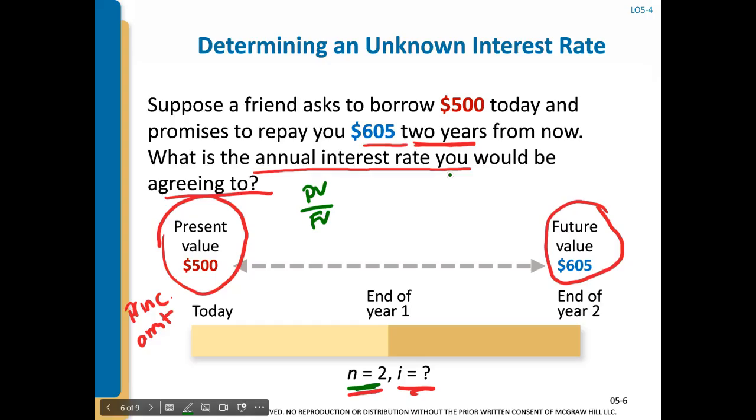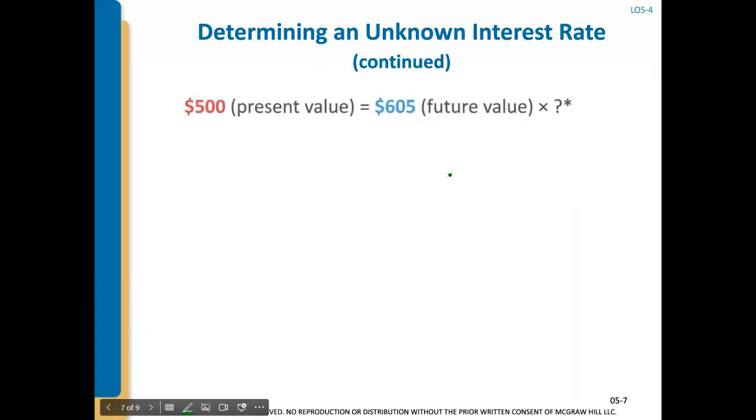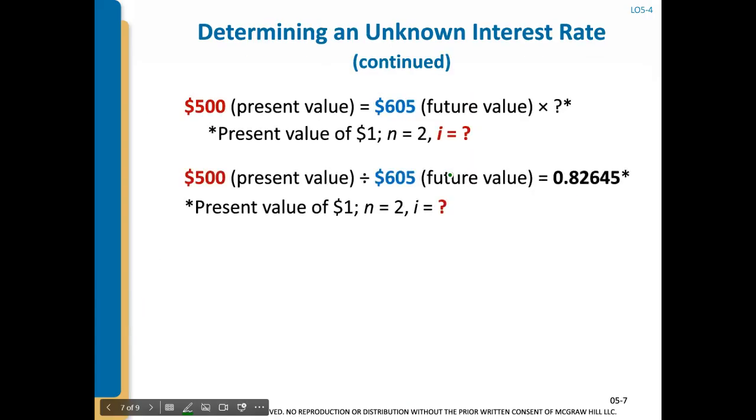So present value divided by future value, we take our 500 divided by $605, and that gives us a factor of 0.82645.